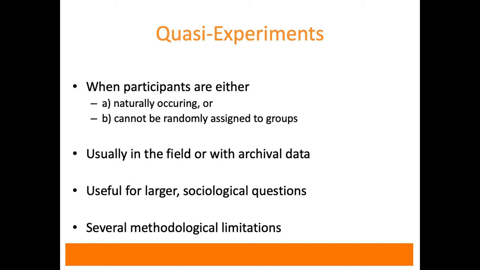So usually this is in the field, and by field we mean the real world, right? So real policies in action, real people in schools, getting some sort of education or some other form of education, right? And because of this, there's usually some sort of state records or school records or something that you can look to get the dependent variables or whatever you're looking at, let's say school performance.